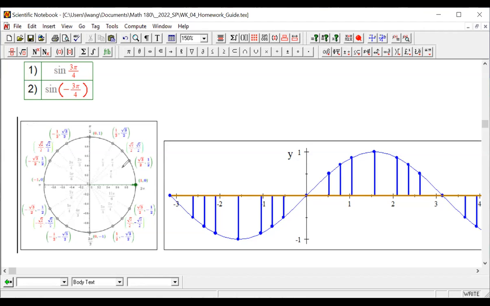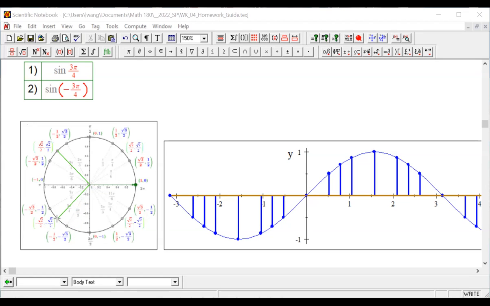We measure the angles from the standard position. For 3 pi over 4, that's a counterclockwise measurement. You end up here, and this is the terminal side. You pick the point on the unit circle where the unit circle crosses the terminal side. For negative 3 pi over 4, we still measure from the same position, but clockwise.